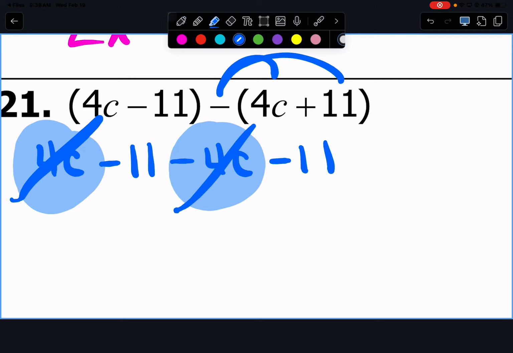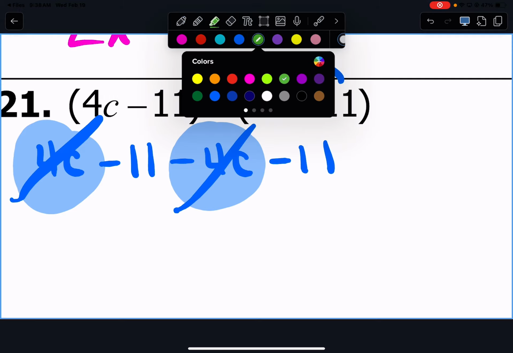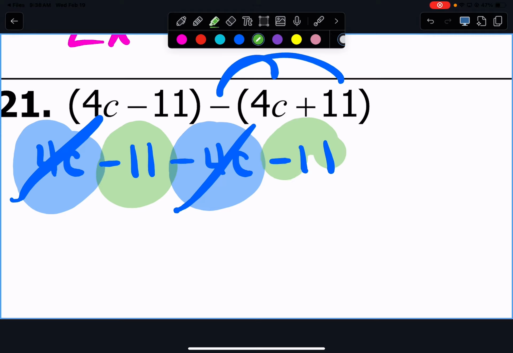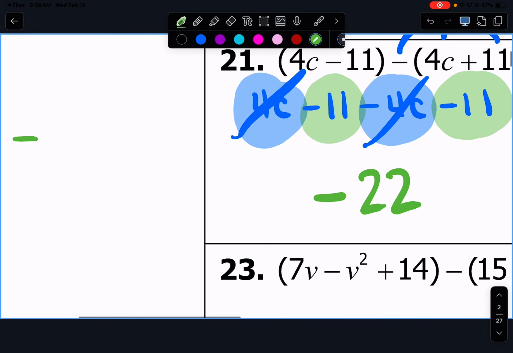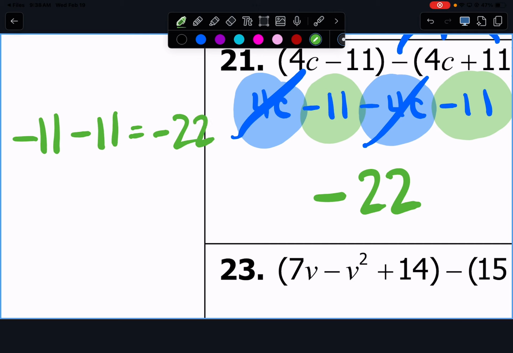But negative 11 and negative 11 give us negative 22. When you say negative 11 minus 11, that gives you negative 22. The only time you will change signs is if you're saying negative 11 minus negative 11. That is where that would become positive.